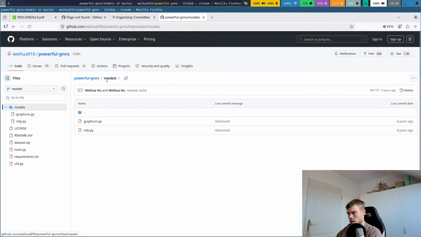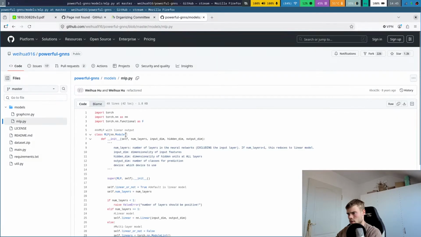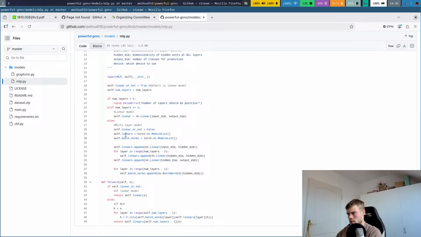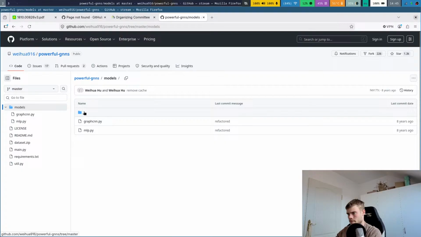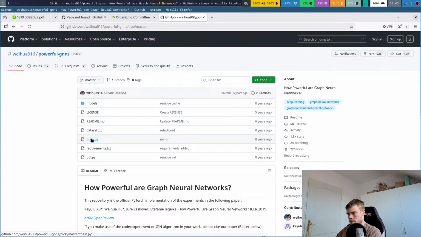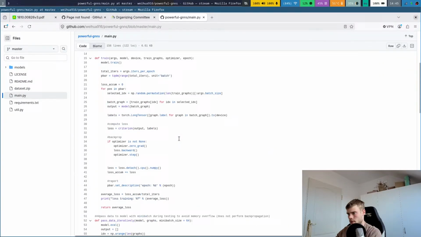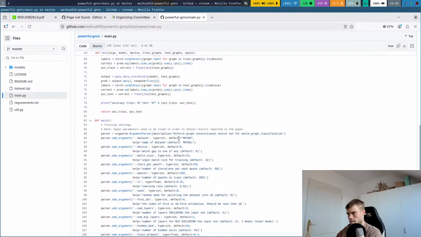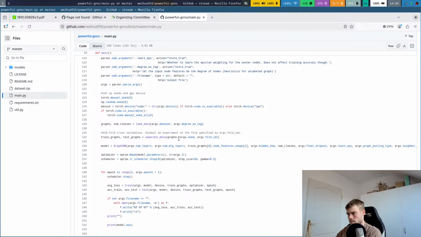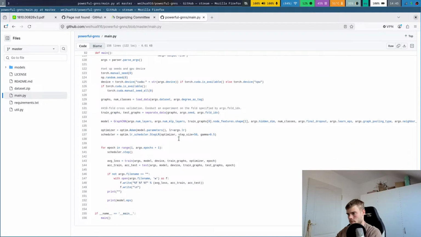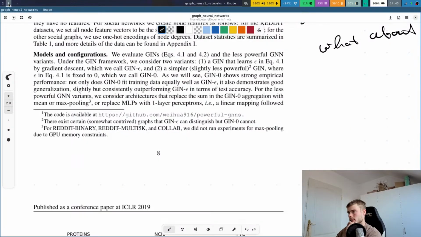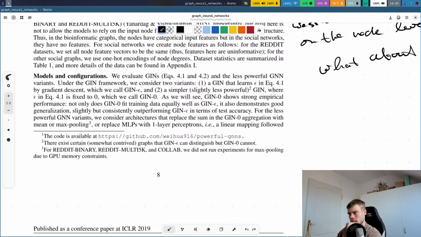Graph CNN. Main.py. Yeah, we can look at this.